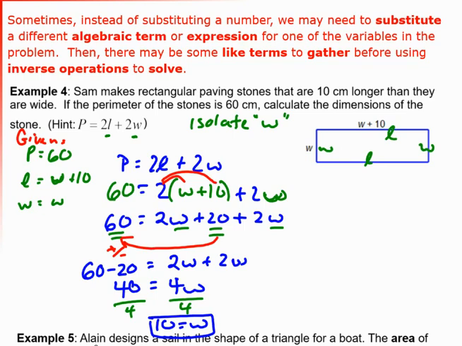So that's perfect. Now that gives us the basis of what W is, but it says calculate the dimensions, all of them. So we have to do all of them. So we'd come back to this stuff and we'd say, okay, well, W is equal to W. So W equals 10. I know it sounds pretty redundant to say all that, but that's what we're going to do.